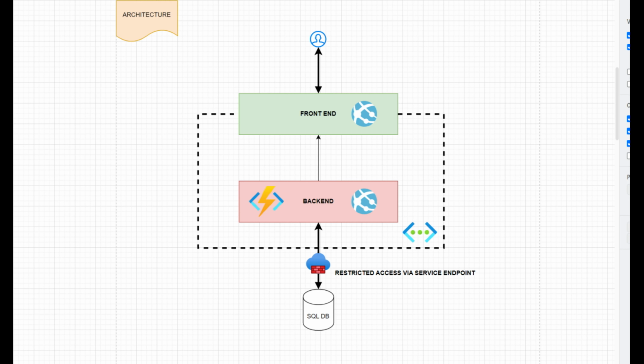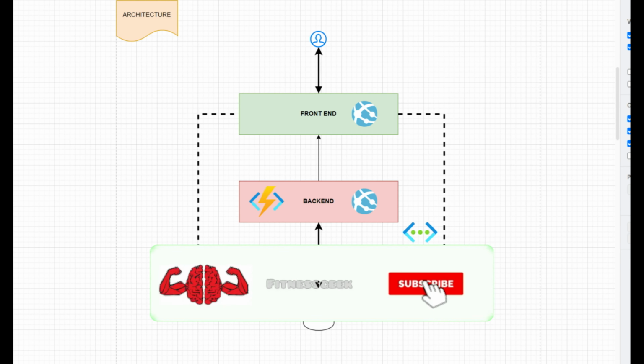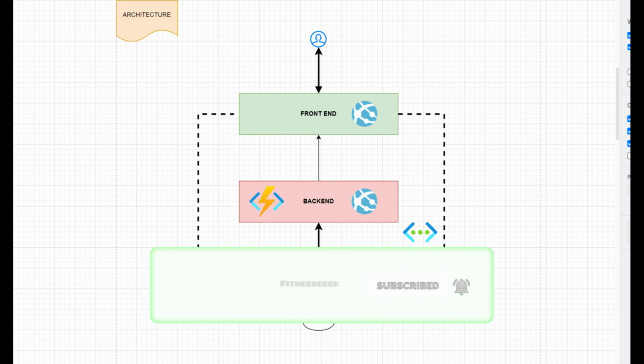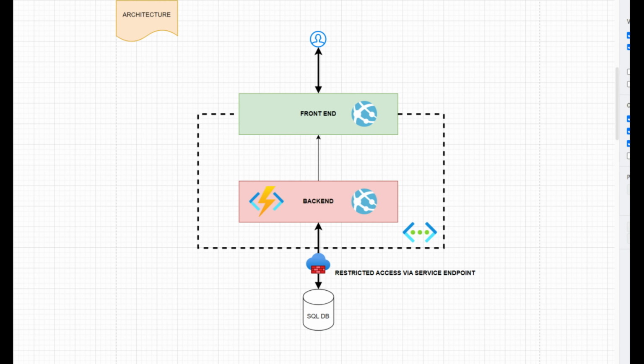We will be creating a virtual network having a few subnets, a subnet for front end, a subnet for back end, and we will make sure that the Azure SQL database, which is our main database, will only be accessible from the backend, and the communication will happen via the service endpoint.